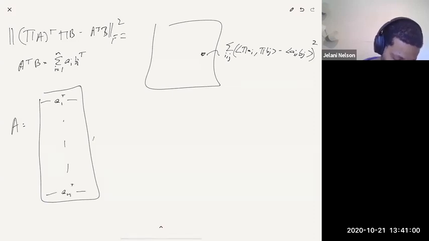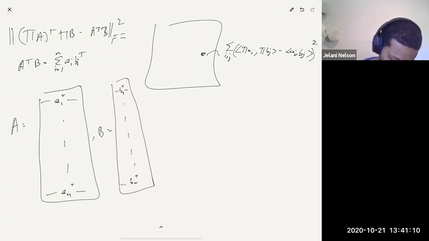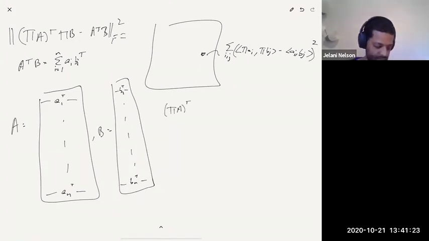And then B is this matrix, B_1 transpose, to B_n transpose. And pi A transpose, actually, I guess I should.